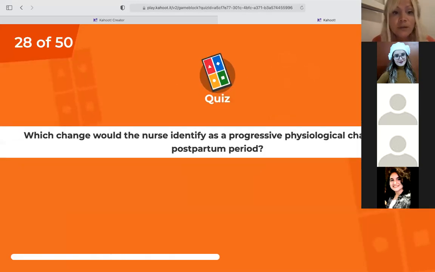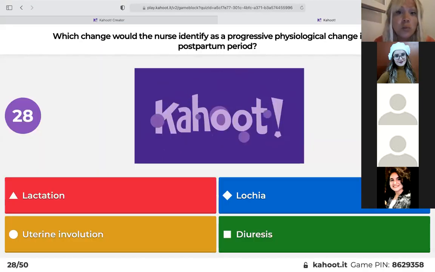Which change would the nurse identify as a progressive physiological change in the postpartum period?